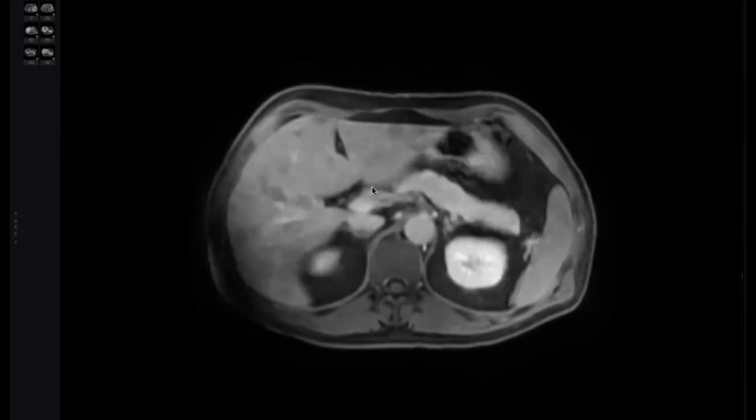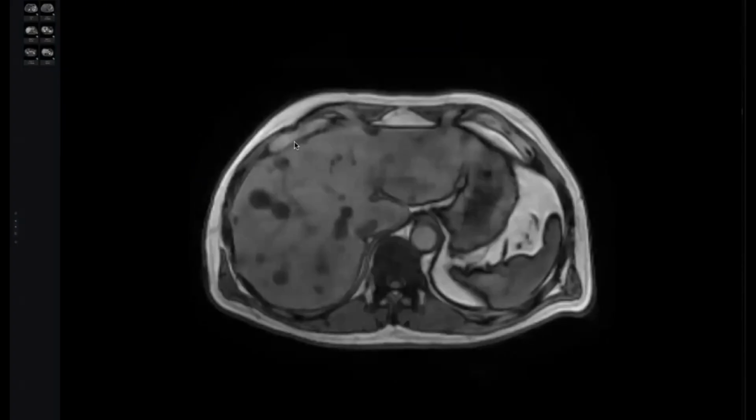So what else? Do you agree with me? It may be just fat deposition. Yes, fat. Give me the term. Multiple focal fatty infiltrations. Great.